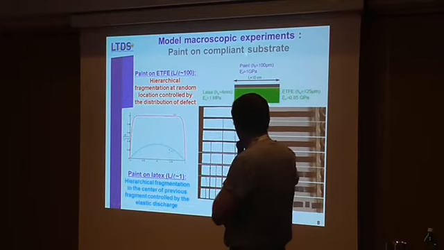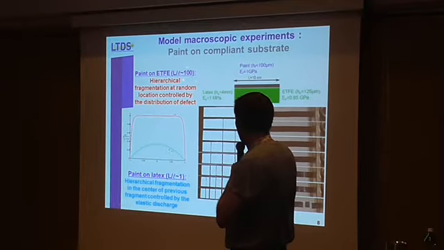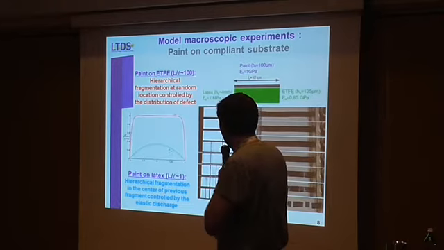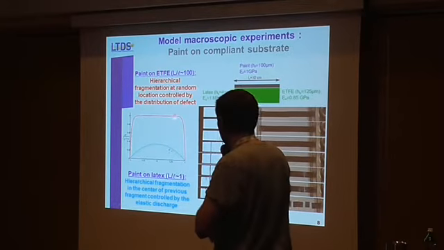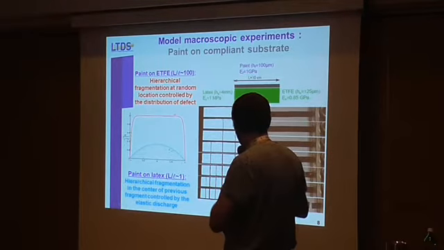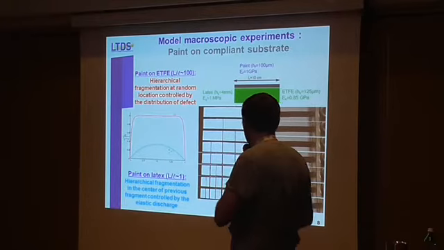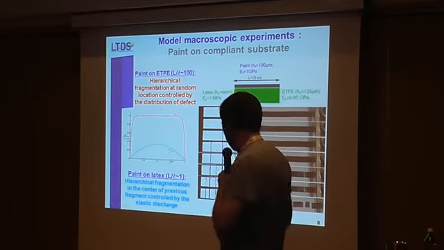But if you apply paint on ETFE, this time the ratio is very high, about 100, so higher than the one that is drawn here, and you can see that cracks appear nearly everywhere in the sample with no specific place.